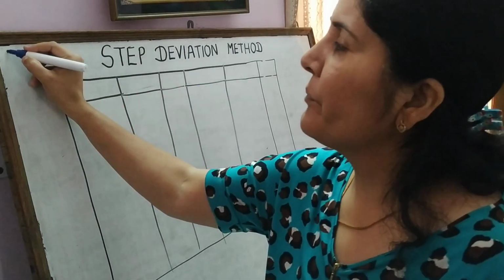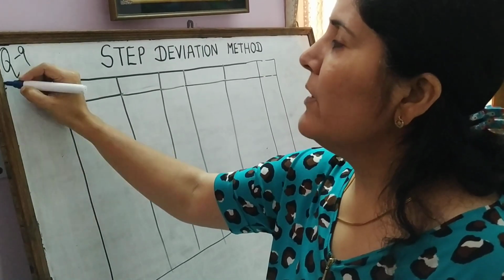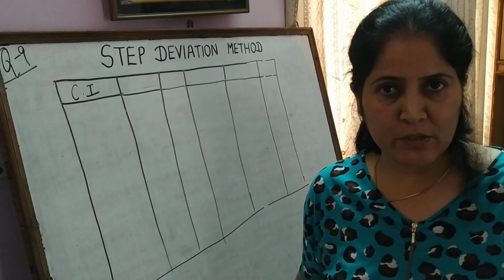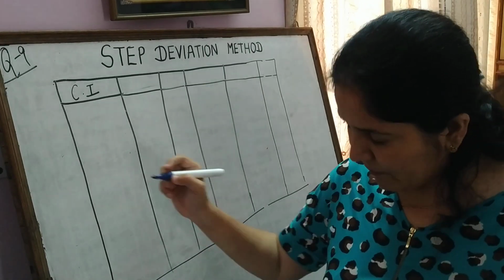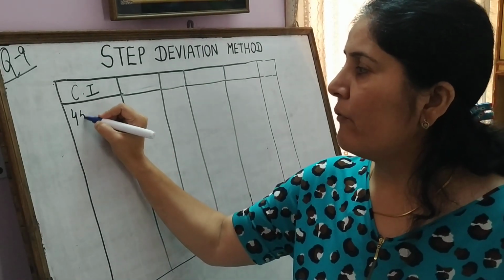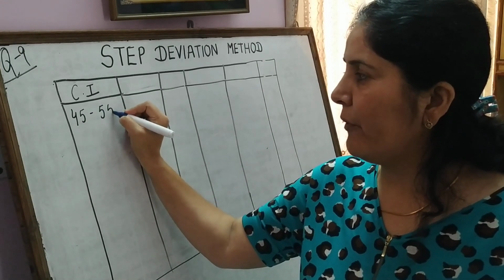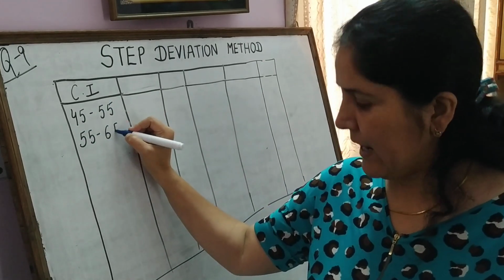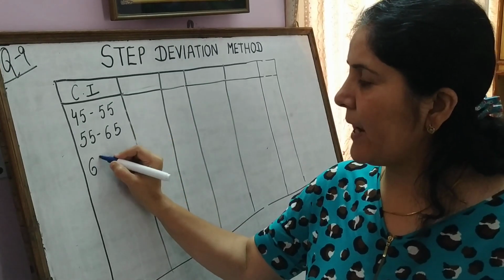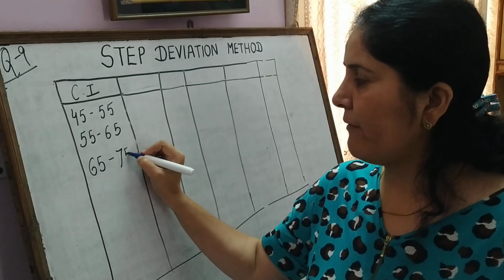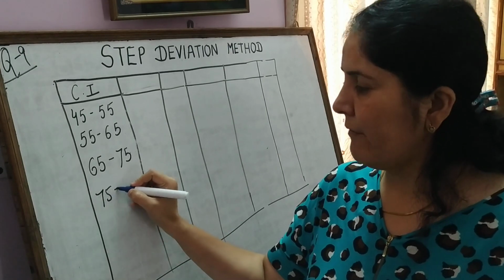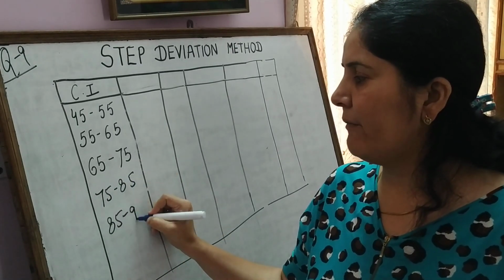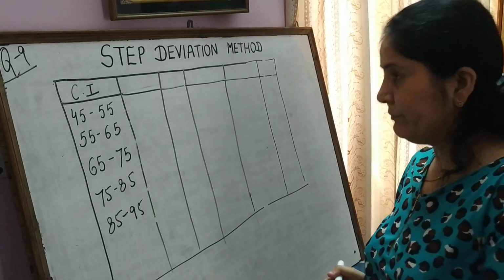Let us solve it. In my first column, we are going to copy the class intervals from the book. It is 45 to 55, 55 to 65, 65 to 75, 75 to 85, and the last is 85 to 95.